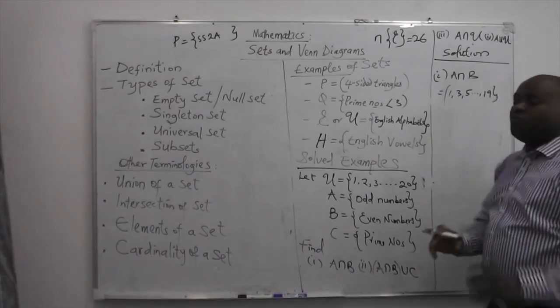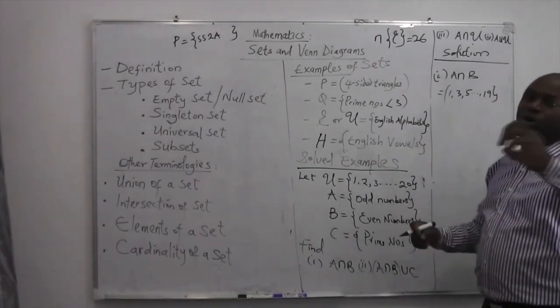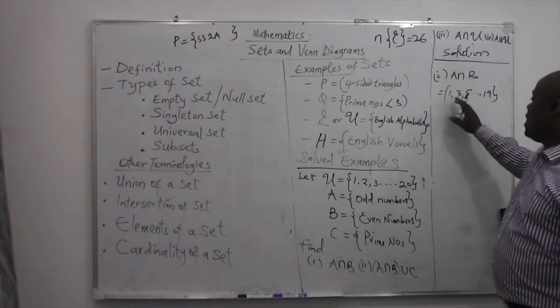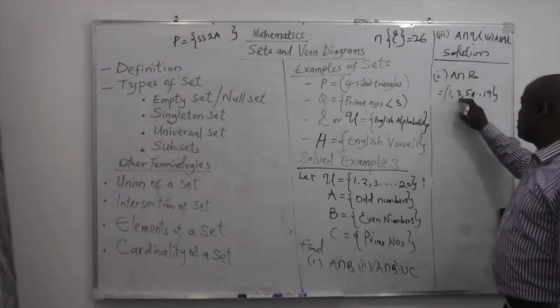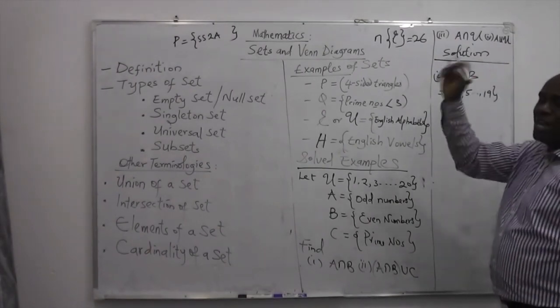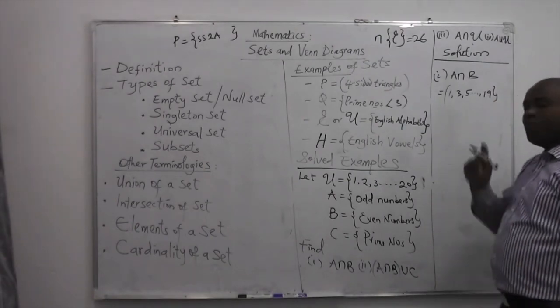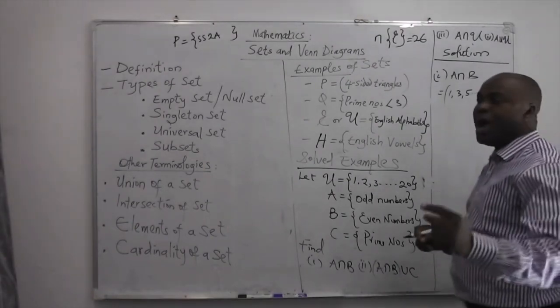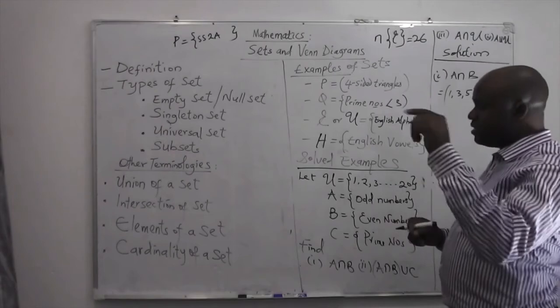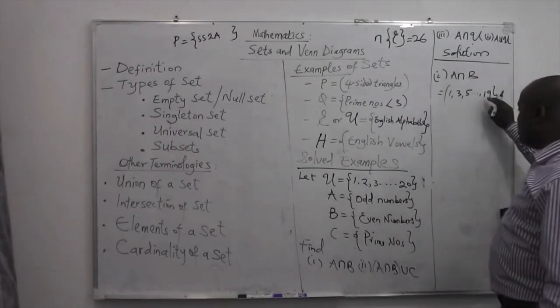There are 10 of them: 1, 3, 5, 7, 9, 11, yes, 13, that's good, followed by 15, then 17, and last but not the least, 19.